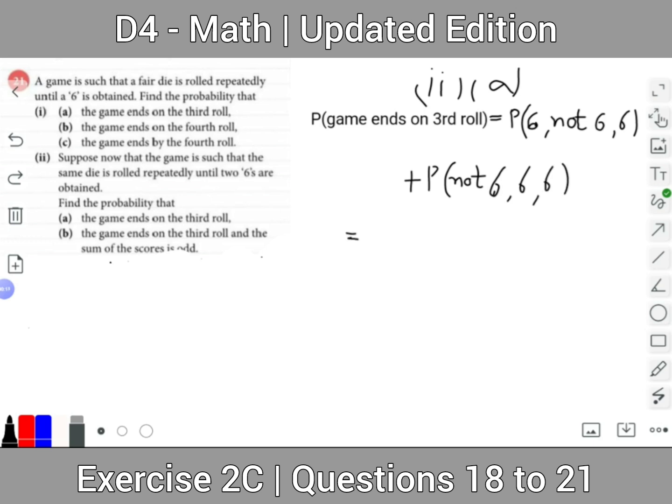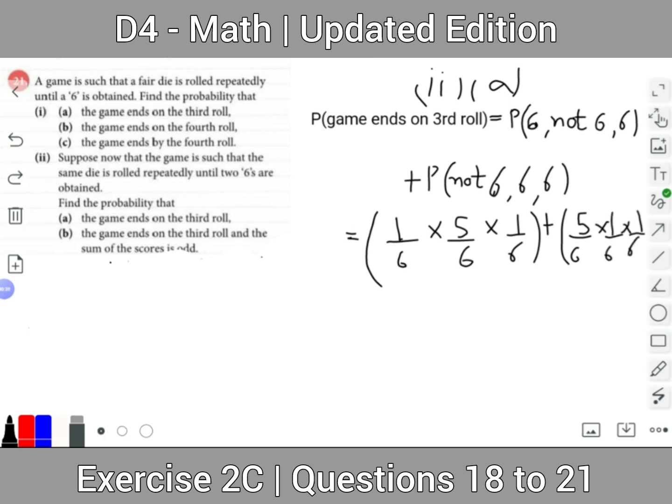So now by using the multiplication law of probabilities, for 6 we have the probability 1 over 6. For not 6 we have 5 over 6 multiplied by, for 6 we have 1 over 6. Plus, now again for not 6 we have 5 over 6. For 6 we have 1 over 6 multiplied by 1 over 6.